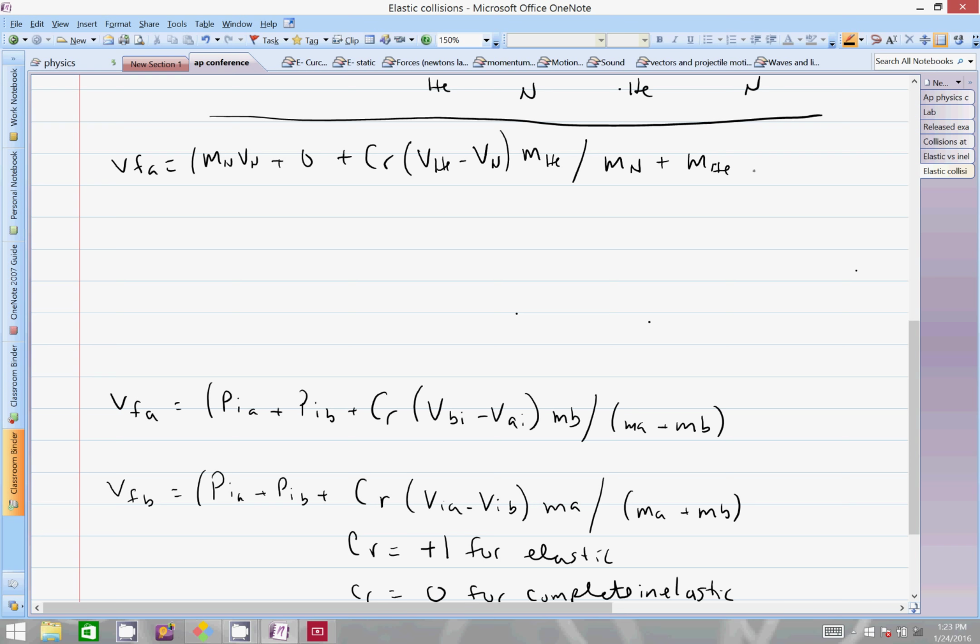So we just have to keep that straight. The mass of the neutron, which is A, is going to be 1.